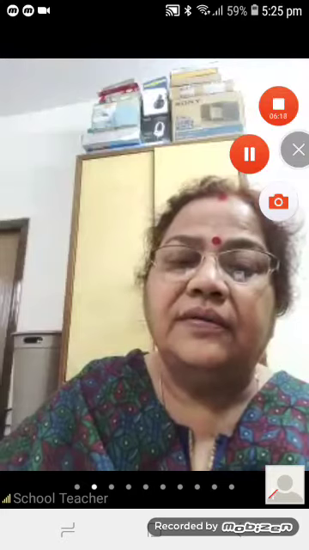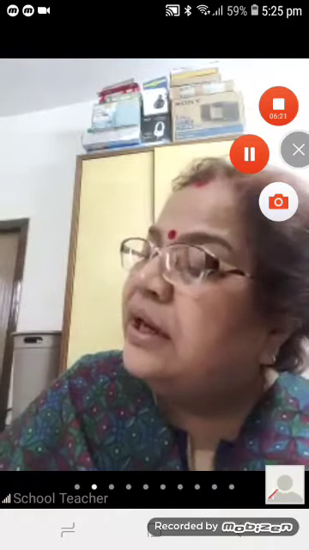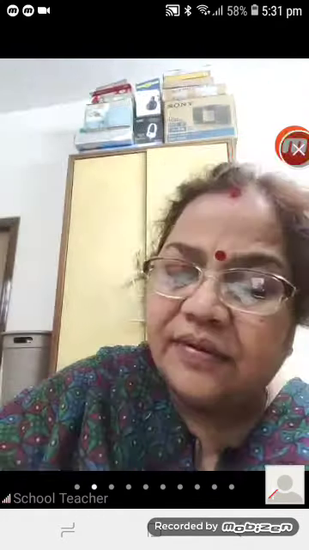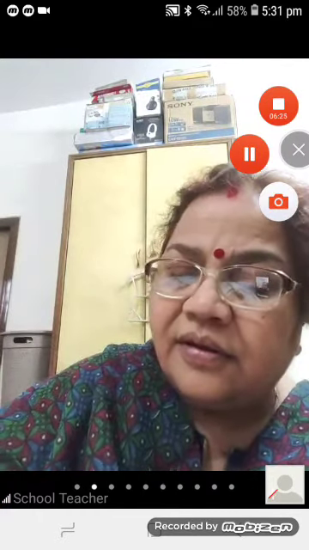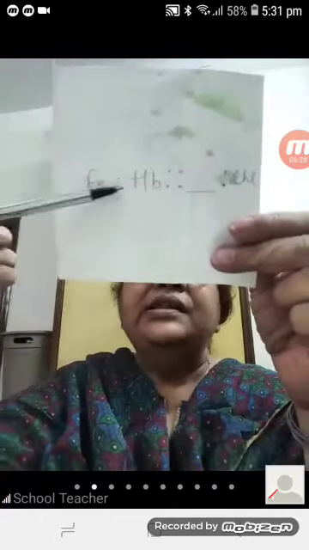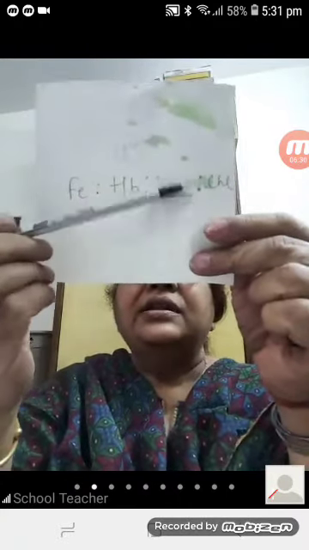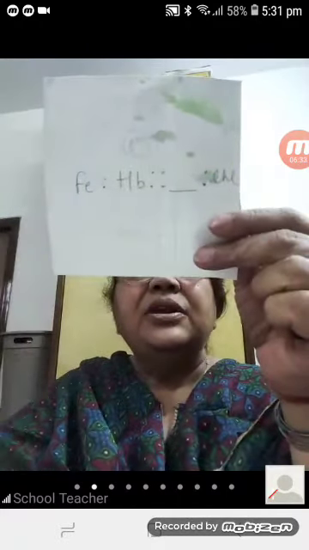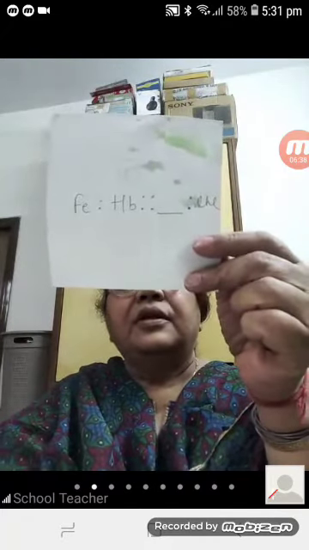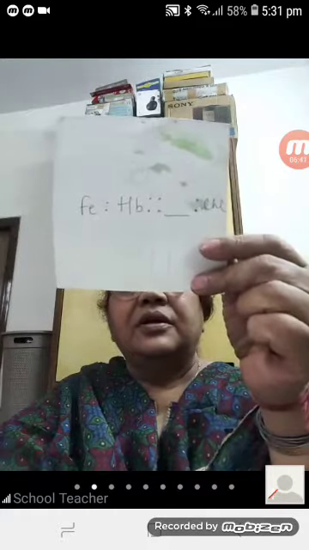Okay, all right. Green plant, out of which, a question like this: ferrous is to hemoglobin, dash is to chlorophyll. You will write here magnesium ion or magnesium. What iron is for hemoglobin, magnesium is for chlorophyll.